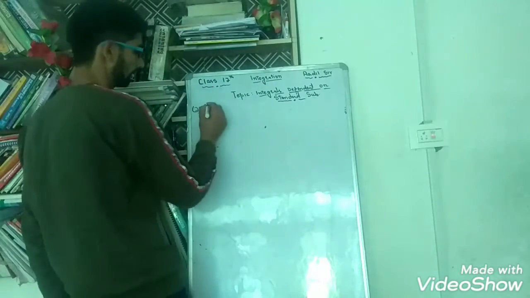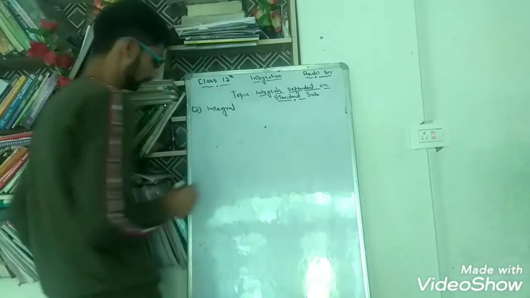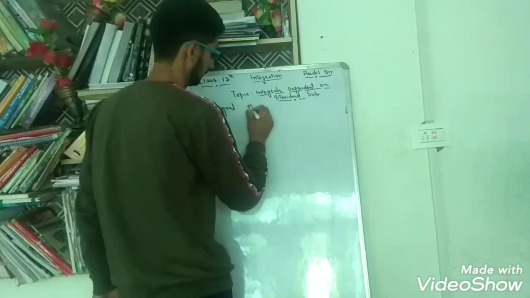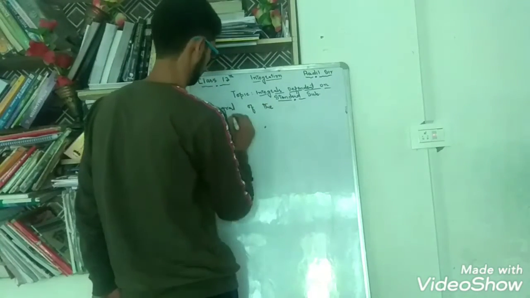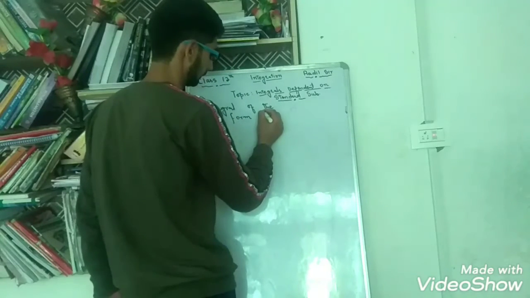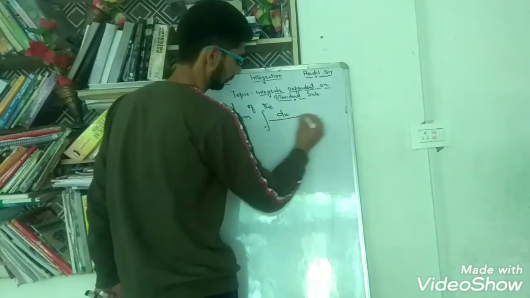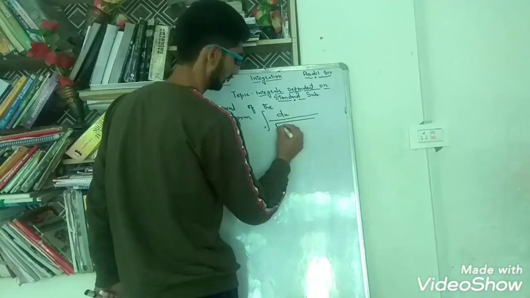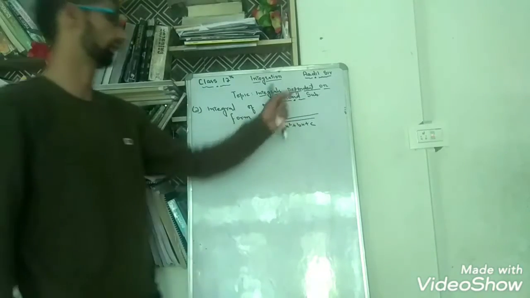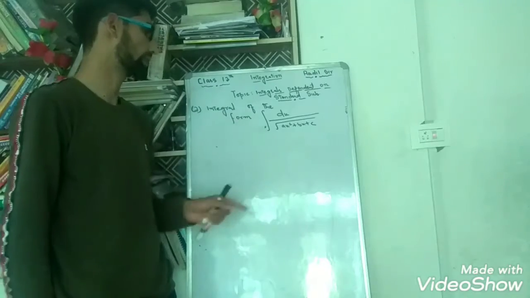Now if we have an integral of the form dx divided by under root of ax squared plus bx plus c. Now if we have a quadratic expression under the root, how can we solve this?